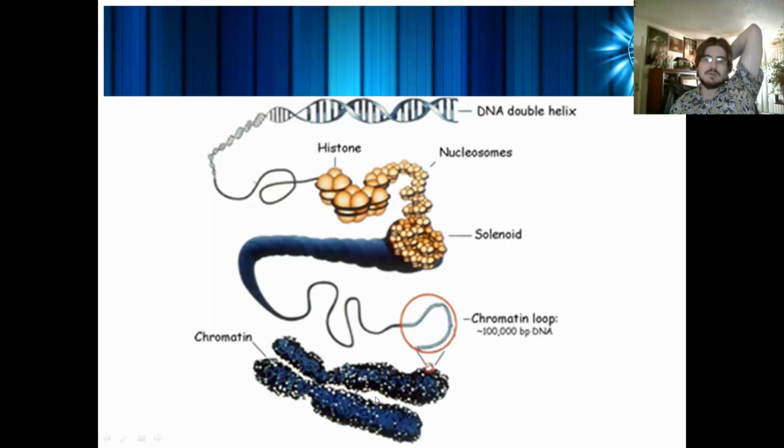This is 2 rods. So this is one of those chromatid rods I was talking about. And you can see this loop here, which is 100,000 base pairs of DNA, is this tiny little section right here in the chromatid. So a chromatid, a single one of these 2 rods, a chromatid, is very highly organized, highly compact. Okay, important vocab.